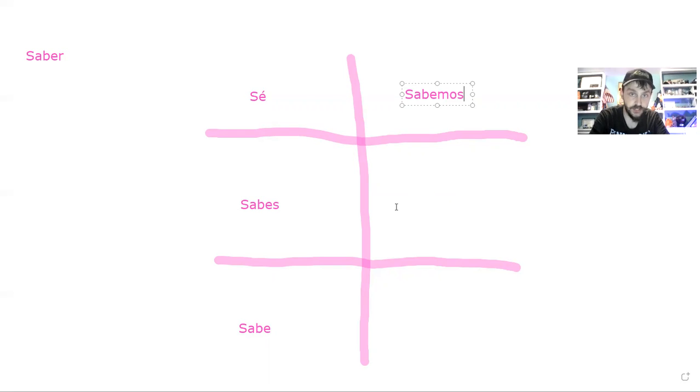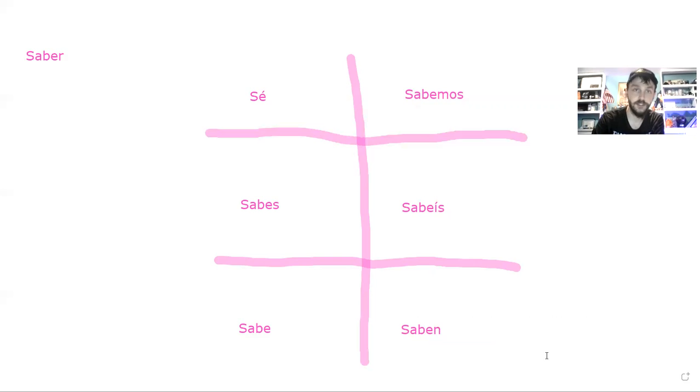Vosotros, vosotras sabéis. Ellos, ellas y ustedes saben. See?